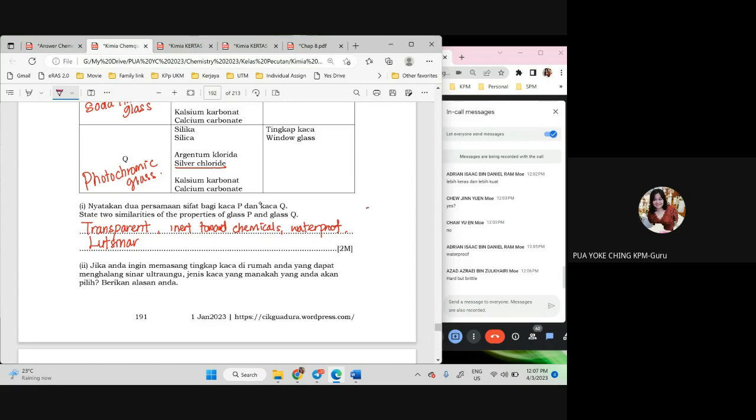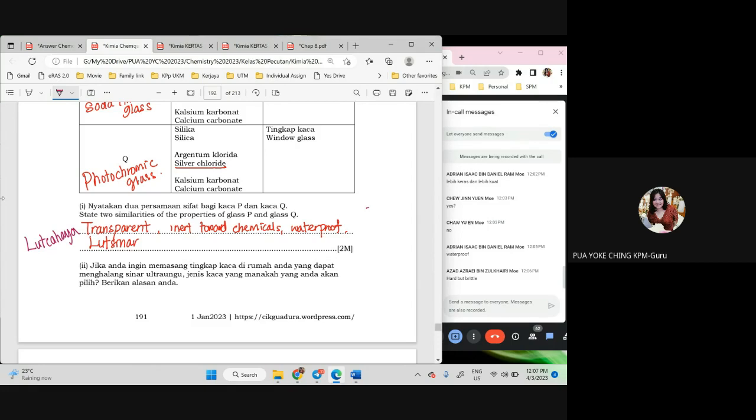I think the physics textbook is right, Lut Cahaya. I'm not sure lah, but this one accepted because it's in physics textbook. Tahan haba pun boleh.